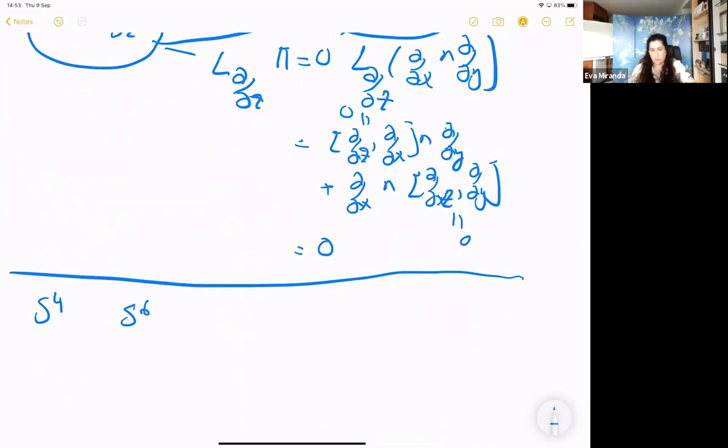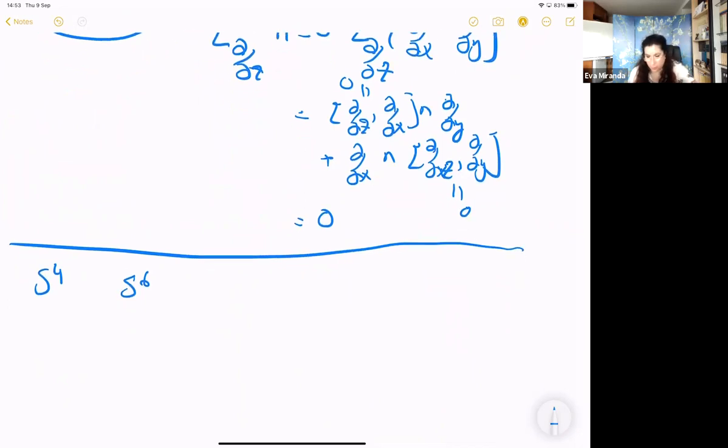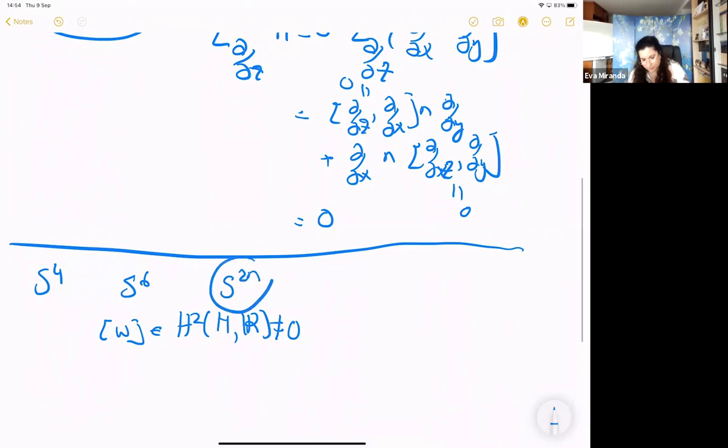As a conclusion of that proposition that you prove using Stokes theorem, which is in the notes, we know that the symplectic form defines a class in H2 which is non-vanishing. So I go to my doctor in algebraic topology, and I take him all these spheres, and the guy is going to tell me, I'm sorry, H2 always vanishes for these spheres.